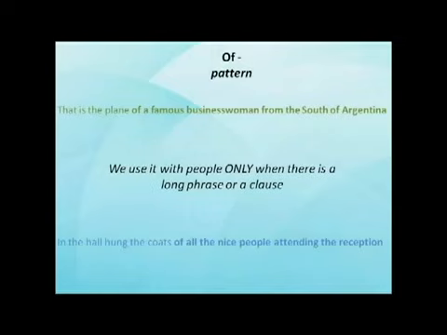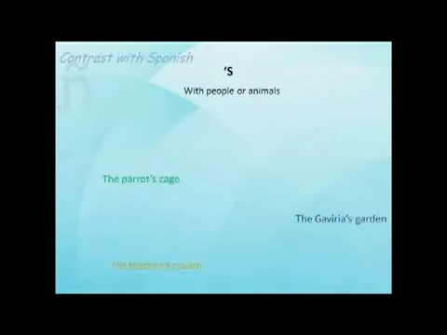Or in the hall, hung the coats of all the nice people attending the reception. It would be very strange to say, for instance, in this first sentence, that is a famous businesswoman from the south of Argentina's plane. No, for avoiding that, we just use the of pattern.